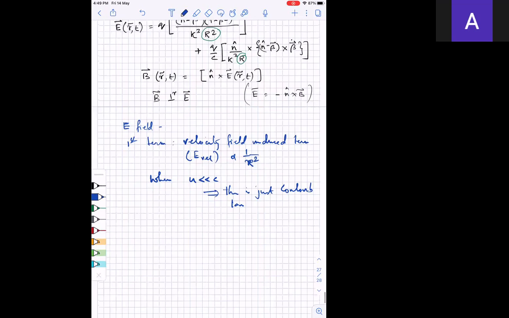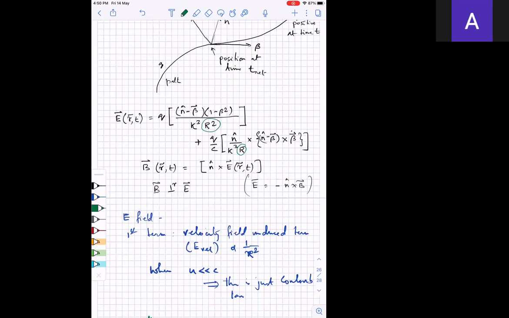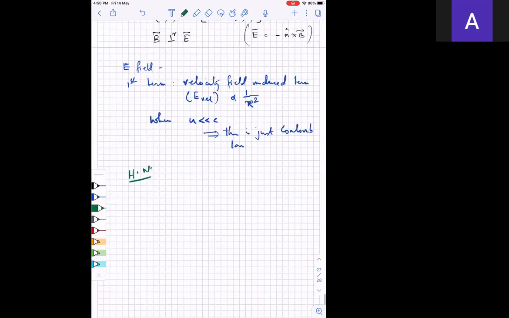I won't call it a homework, but something you should think about. Looking at this figure and this equation, try to deduce or argue what the direction of the velocity induced field is.